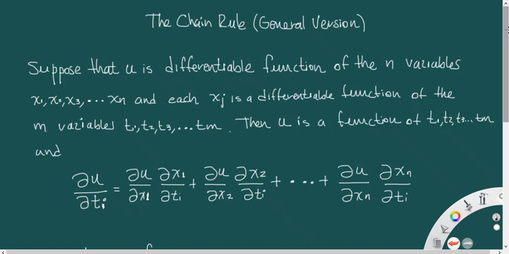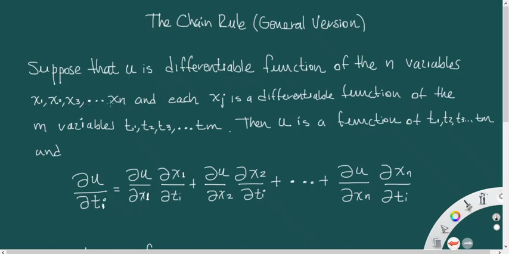Now, let's go a little bit further, and let's suppose that we have a function u, and that u is a differentiable function of the n variables x sub 1, x sub 2, x sub 3, all the way up to x sub n.